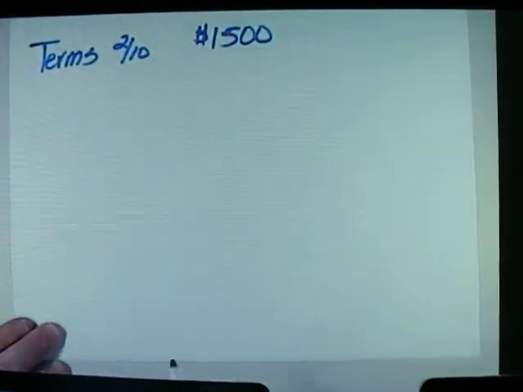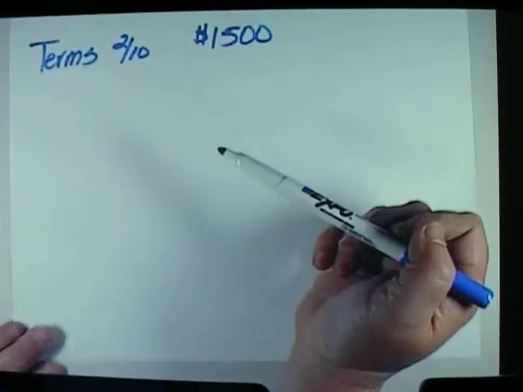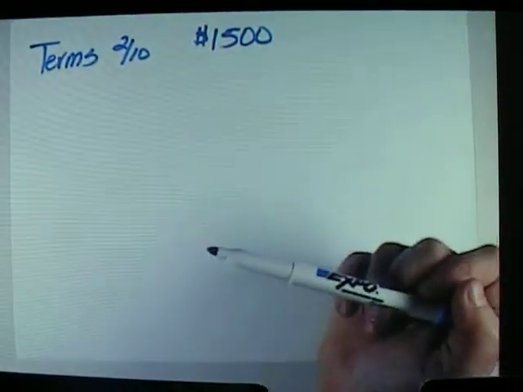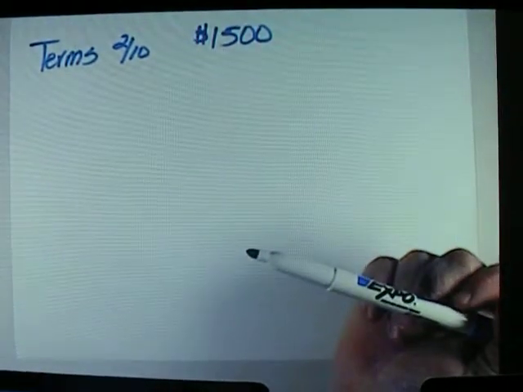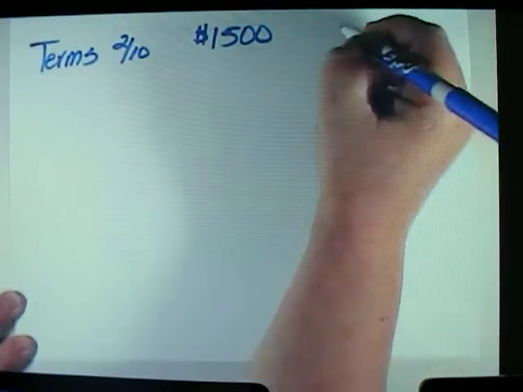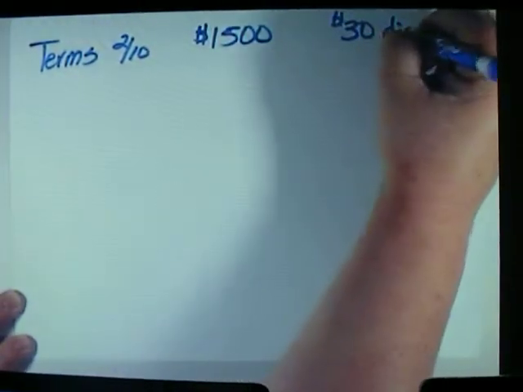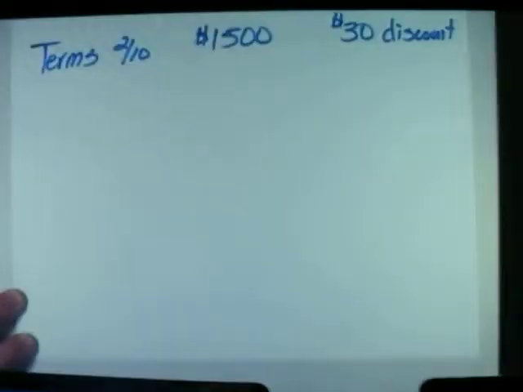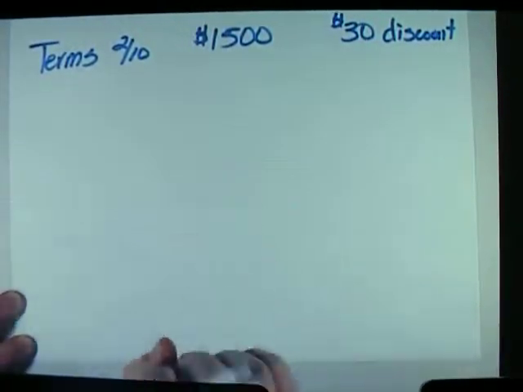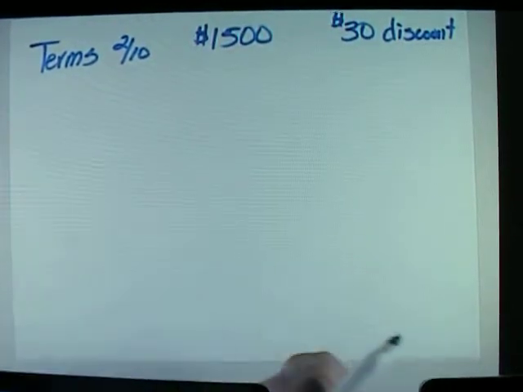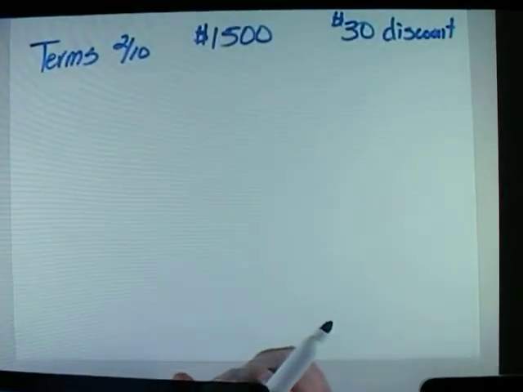So what I need to determine is what is 2% of 1,500, and with a quick calculation on a calculator, we will see that this is a $30 discount that the customer is taking advantage of. So we're going to journalize this amount, the receipt of the check and the deduction.